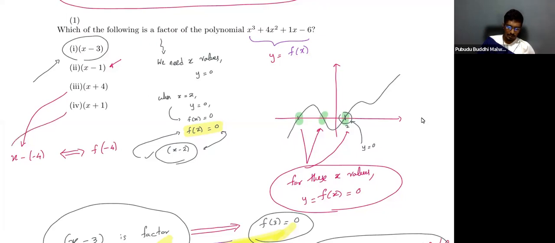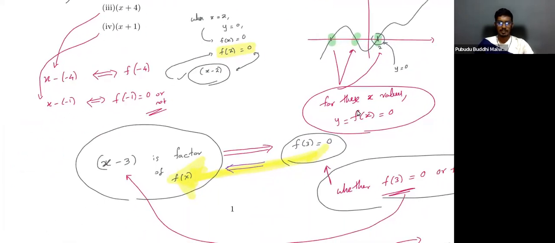And for this one, x minus minus 1, check whether f of minus 1 equals 0 or not. You can check those things. That way, we can solve this problem. Once again, focus on that minus sign, very important.